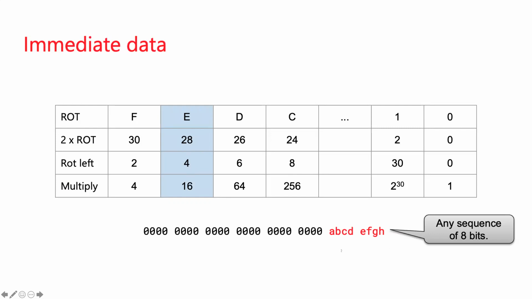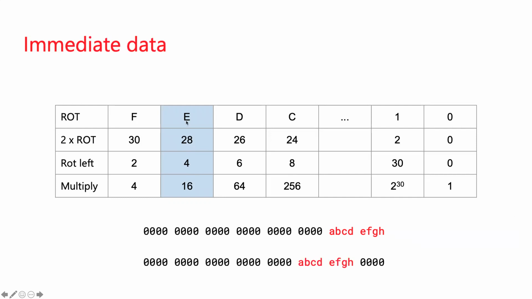So if this was your 8-bit value, this isn't hex or anything. This is just pretend these are any bits you want. And you said rotate those to the right by 28 bits, and that would be by putting an E in the rotation, then your immediate value would look like this. The bits you specified in the value rotated to the left by 4 bits, the same as rotating them to the right by 8 bits.